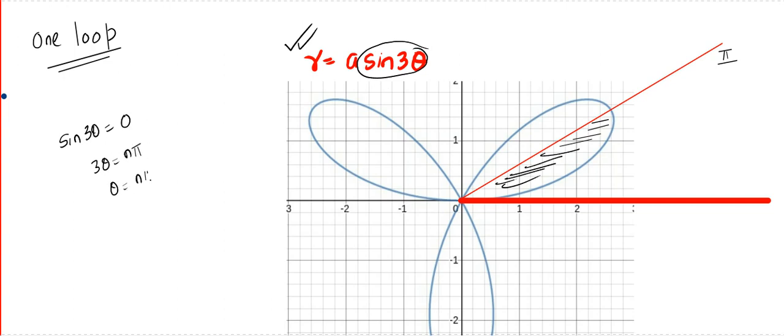So theta equal to n pi by 3. That means when we put n equal to 0, we get 0. When n equal to 1 is pi by 3, and then 2 pi by 3, then 3 pi by 3, then 4 pi by 3, and then 5 pi by 3, and then 6 pi by 3, which is 2 pi.